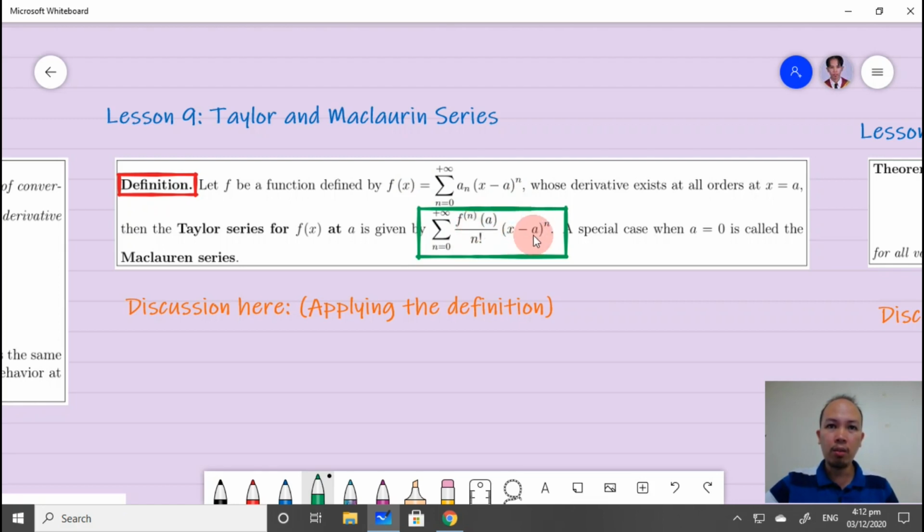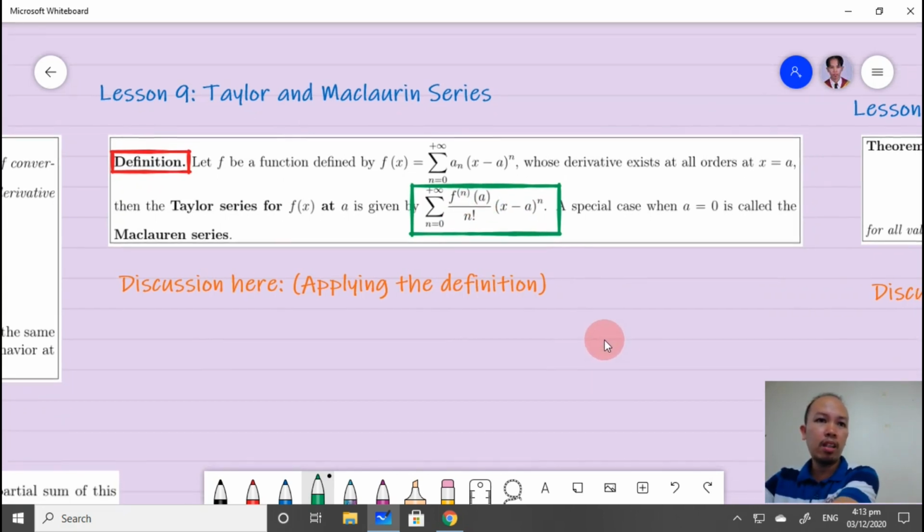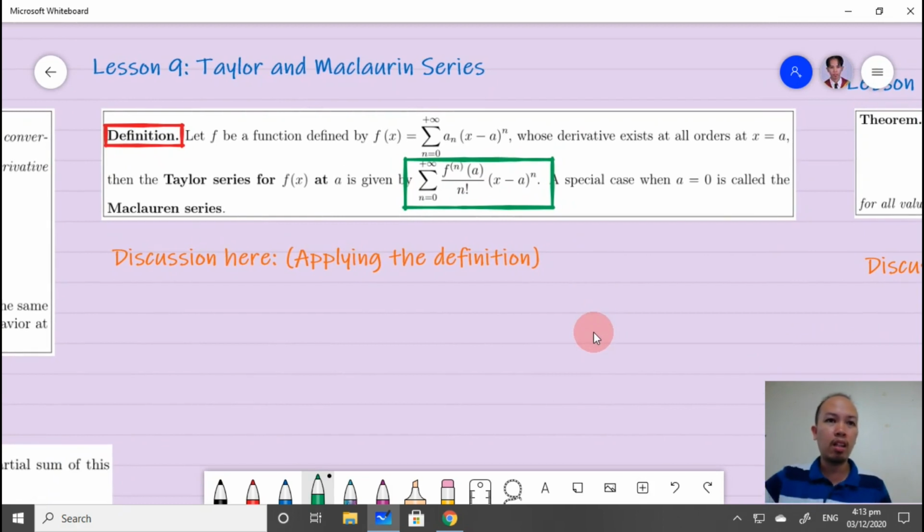If our a is 0, as you can see here, this series is what we call the Maclaurin series. So let's have an explanation of this definition.